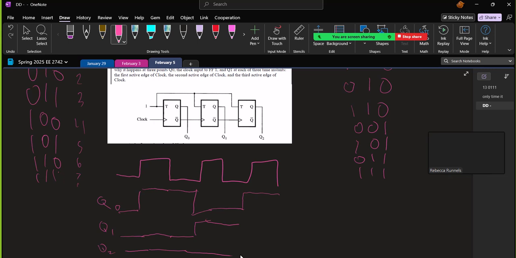Q0 went from 0 to 1, but its input is not Q0, its input is the not of Q0. So if Q0 went from 0 to 1, the not of Q0 went from 1 to 0, which is a negative edge. So it will just stay 1, with no change.